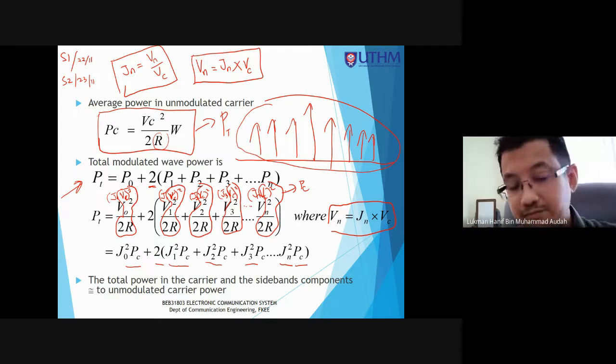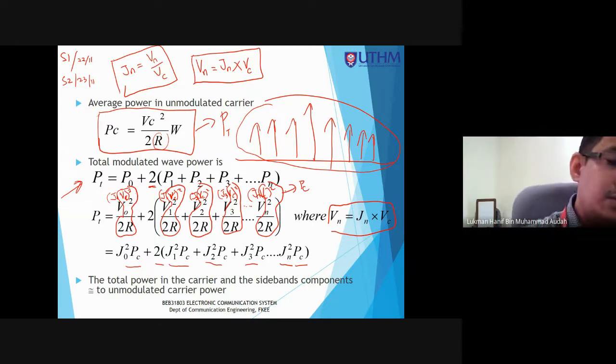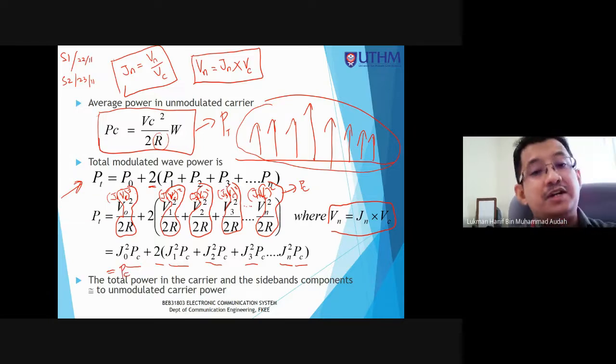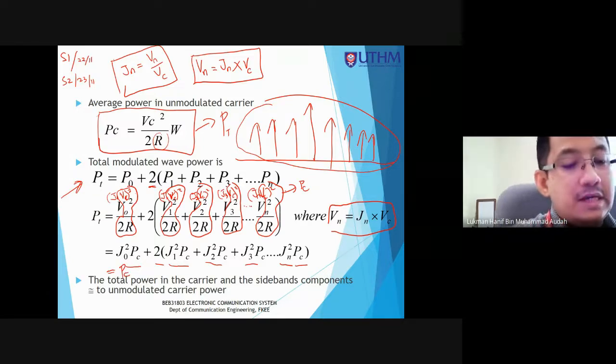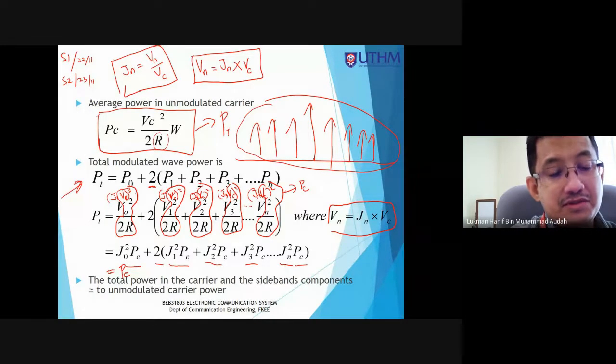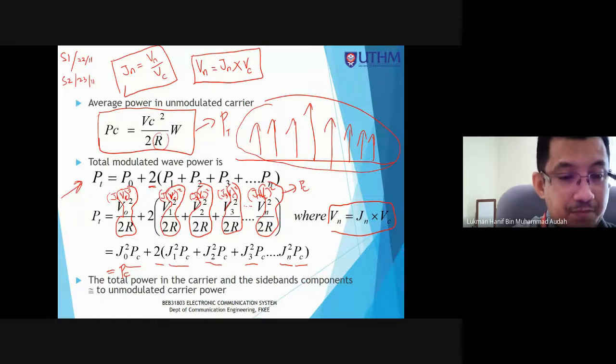At the end, you will see that the total power is actually equal to PC. Pada akhirnya, secara teorinya, total power akan menjadi sama dengan PC.